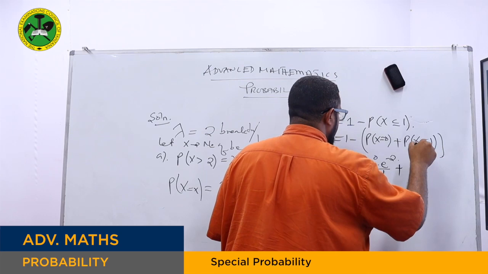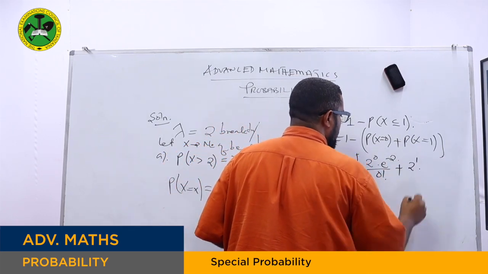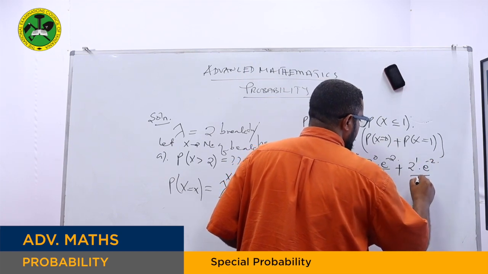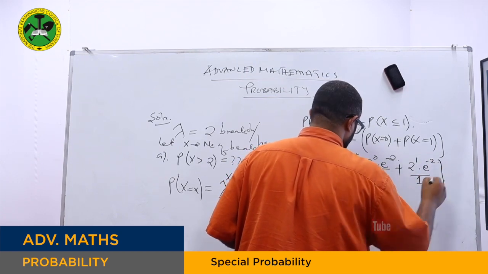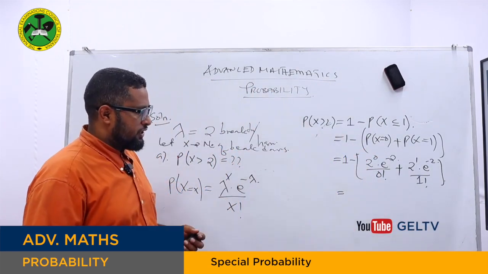Plus, when x now equal to 1, it will be 2 to the power of 1, again e to the negative 2 divided by 1 factorial. From there, it's very easy.